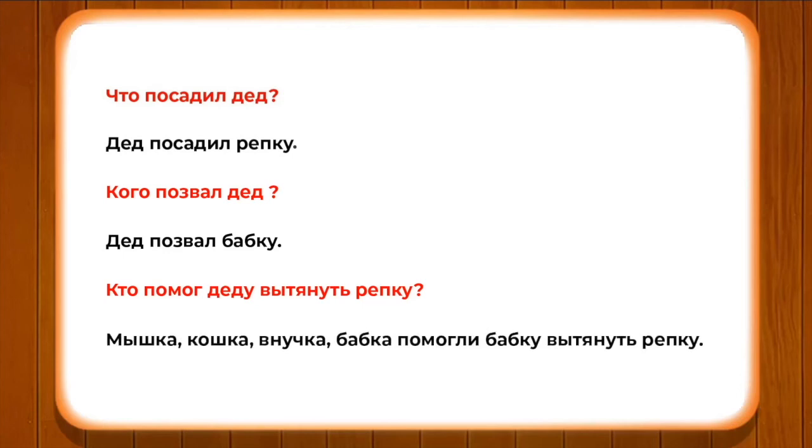Next question we had, кто помог деду вытянуть репку? That means, who all helped the grandfather to pull out the turnip. So the answer is мышка, кошка, внучка, бабка помогли деду вытянуть репку.